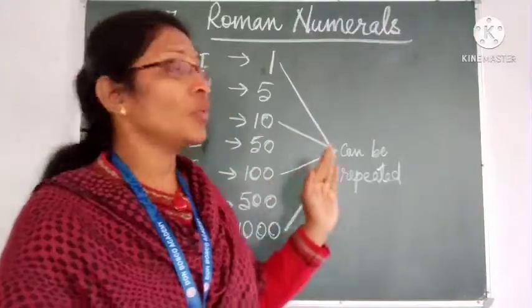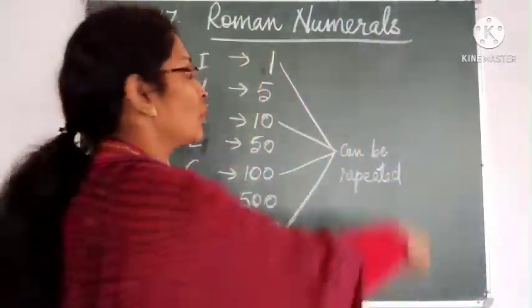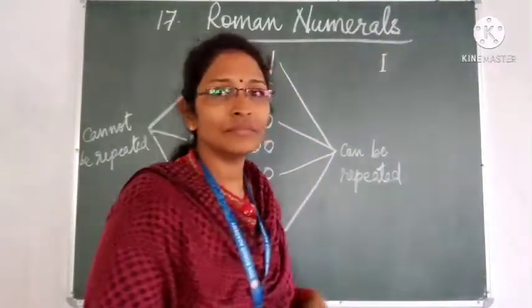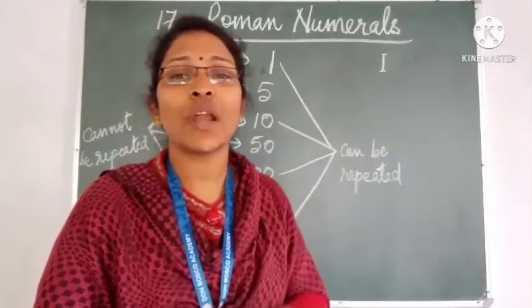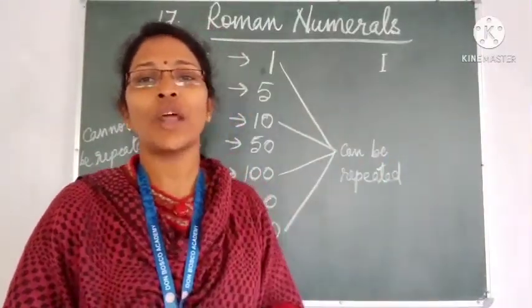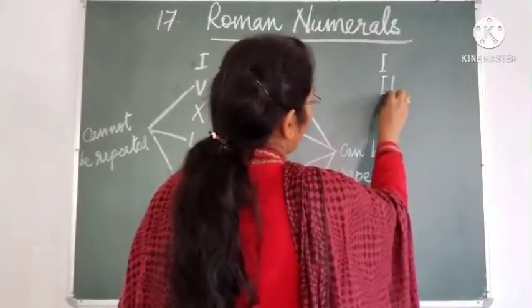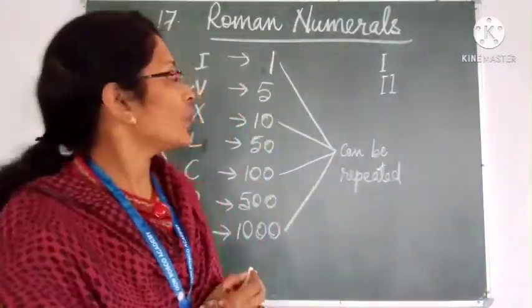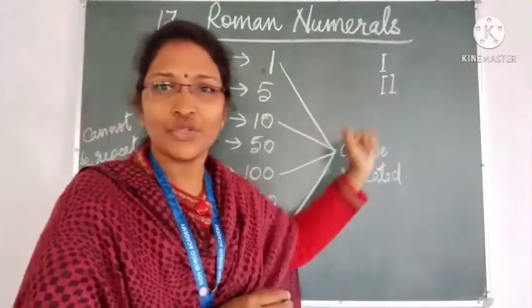Next, how can we write the numbers? How do we write 1? This is 1, I. Now, if you want to write 2, how will you write it? I plus I. This is the way to write the number 2.